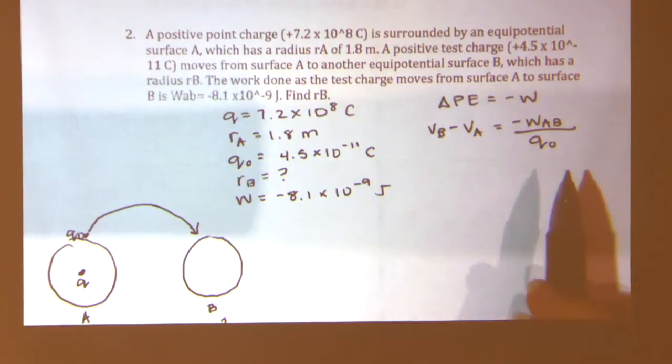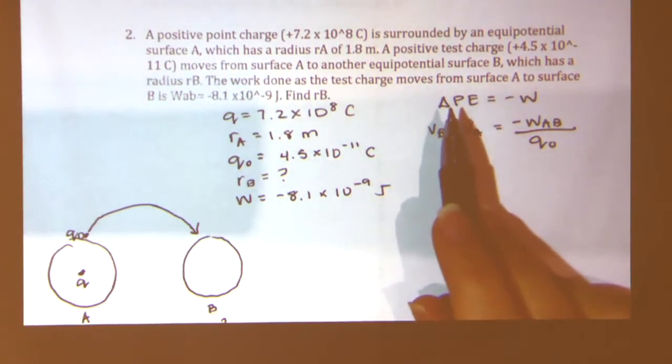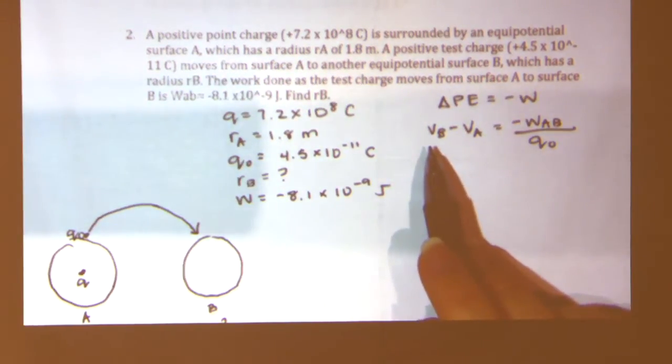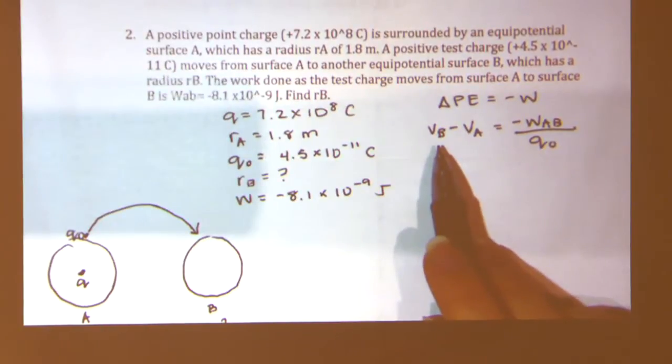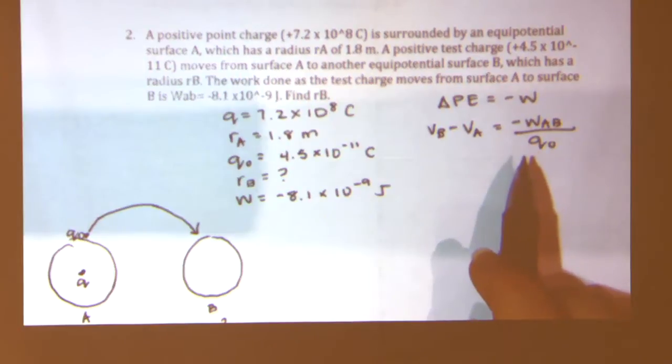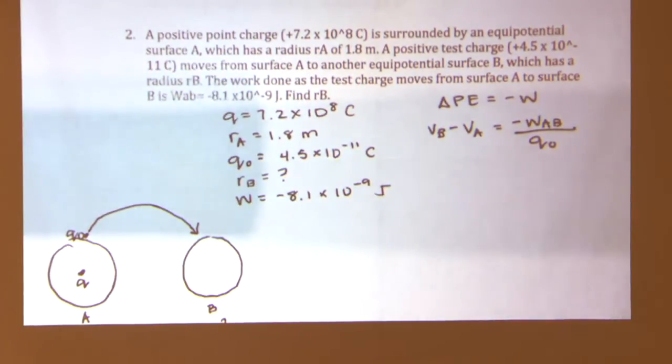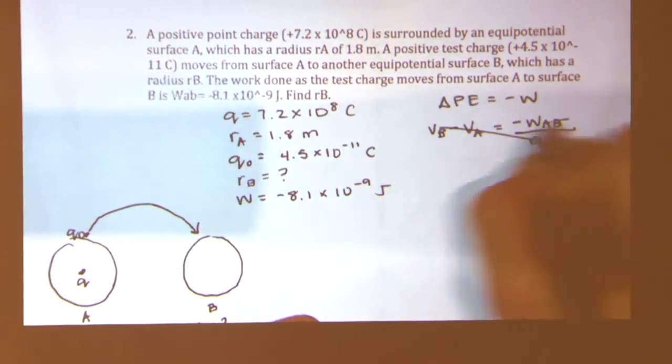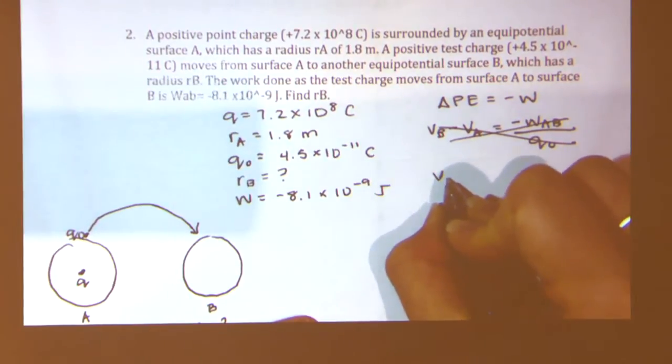So I kind of made a jump here. Just remember that electric potential energy is V times Q. So I factored out that Q and divided. Let me actually just redo this.